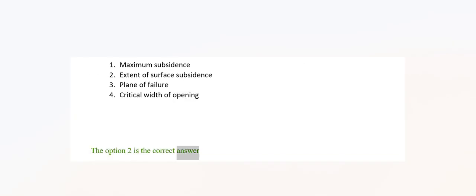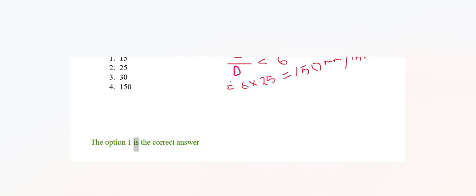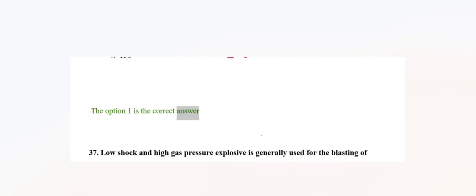The option 2 is the correct answer. 36. For a 25 mm diameter spherical charge, the maximum allowable charge length in centimeter is 15, 25, 30, 150. The option 1 is the correct answer.